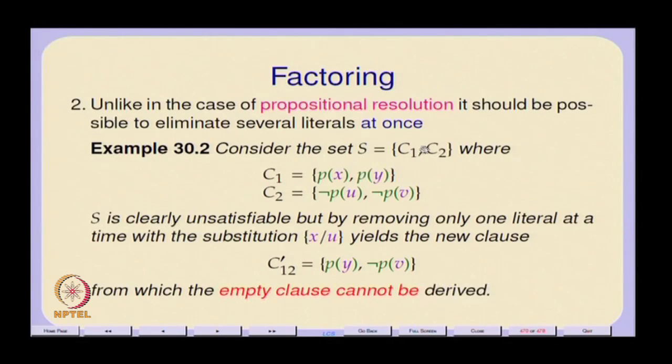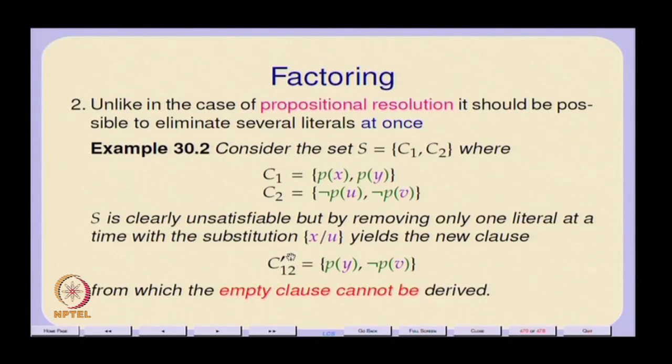Now, if you take this set of clauses, this set of clauses has to be unsatisfiable, it cannot have a model. But suppose I still do a resolution such that I just choose one of them, let us say I just choose this p x and not p of u to resolve on, and there are certain things which I have not mentioned here.